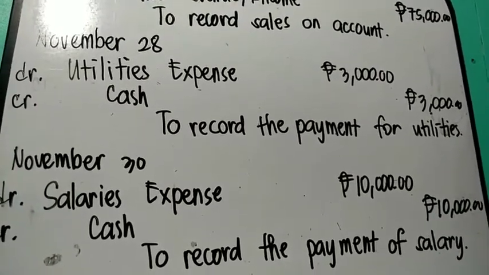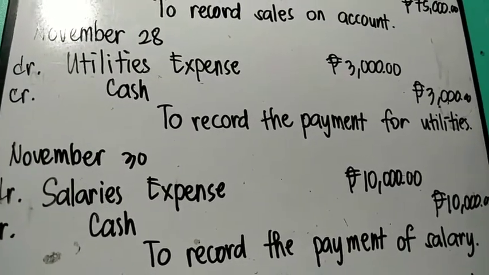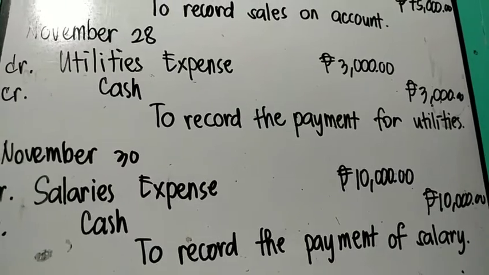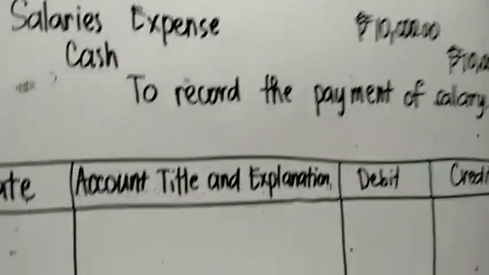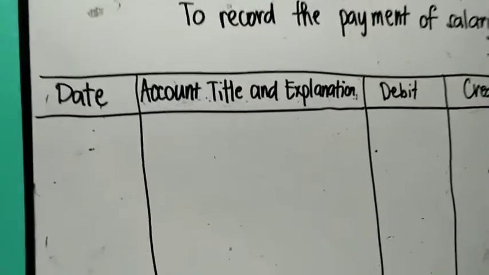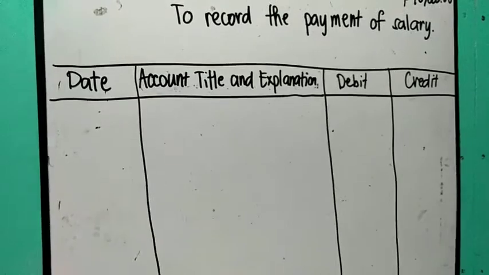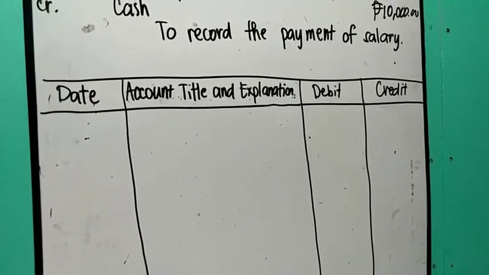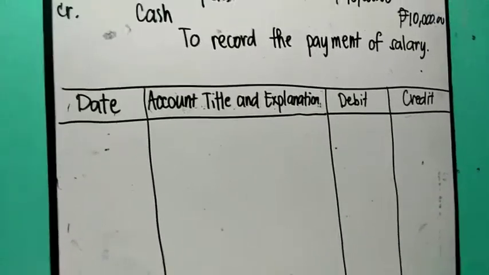So, in order for you to know how to properly journalize your transactions in a general journal, I have prepared something here below. Alright, so basically this is how a general journal looks like, but you can definitely search from Google how it looks like.